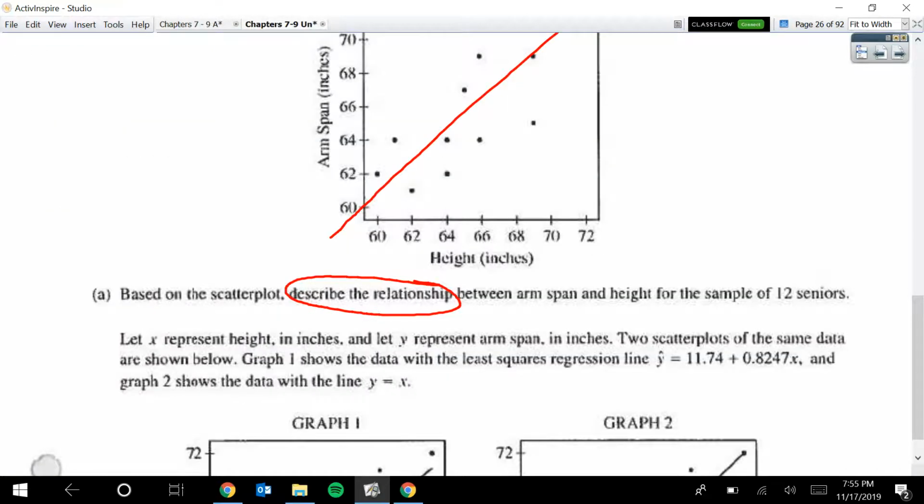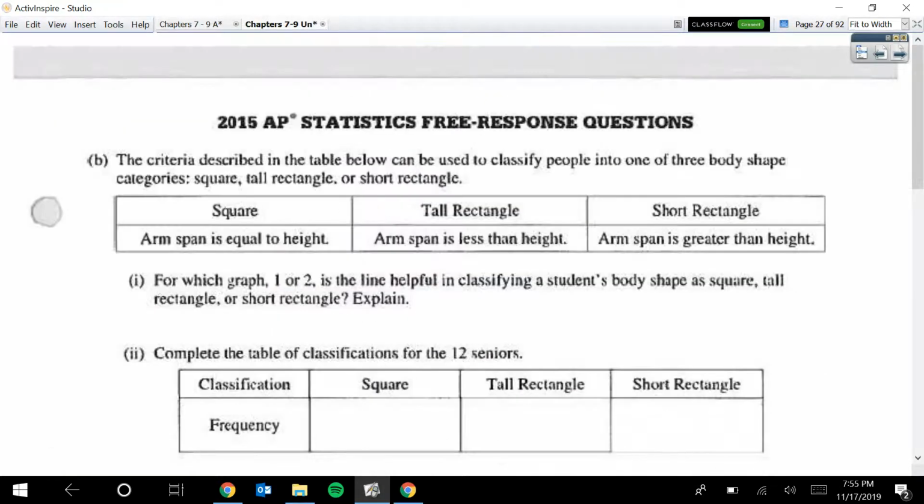The next question, you actually had to look on the next page. And so they talked to you about what would be considered a square person, and that's where the arm span equals the height.